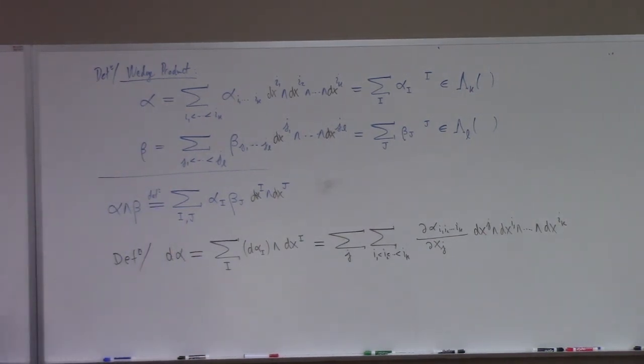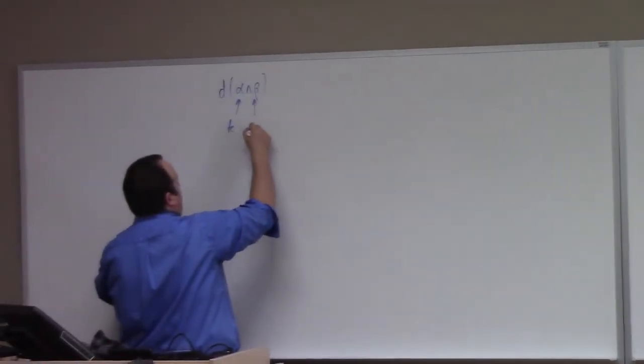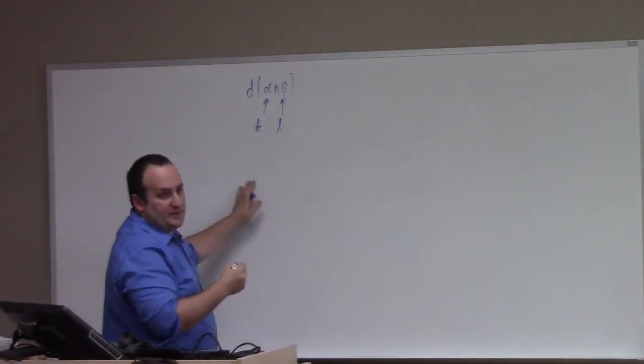Let me prove it over here. So, exterior derivative of alpha wedge beta, and let's suppose that this is a K form and that this is an L form, keeping with my lingo so far.